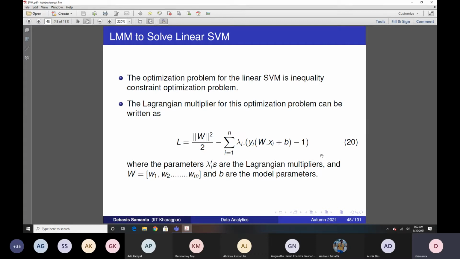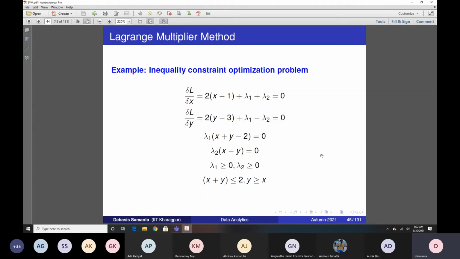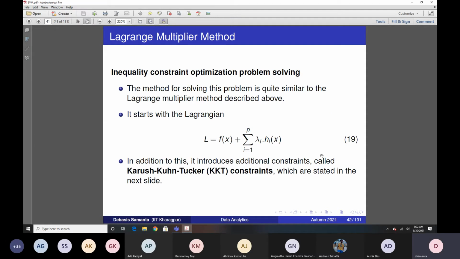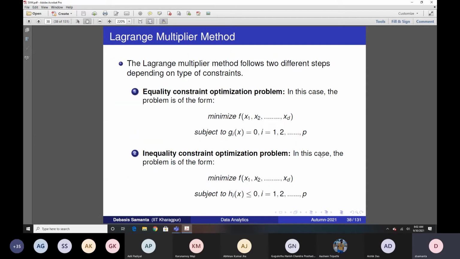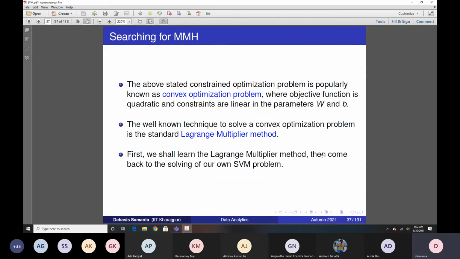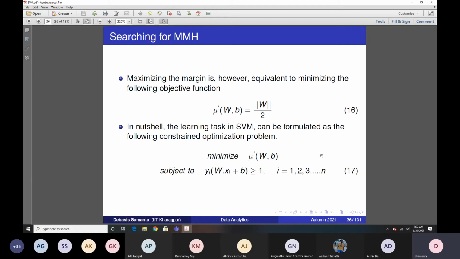Our SVM in fact turns into an optimization problem. Now, so far as this optimization problem is concerned, as we had discussed, it can be specified using this formulation. So equation 17 tells you that mu is the objective function, defined in terms of unknown parameters.